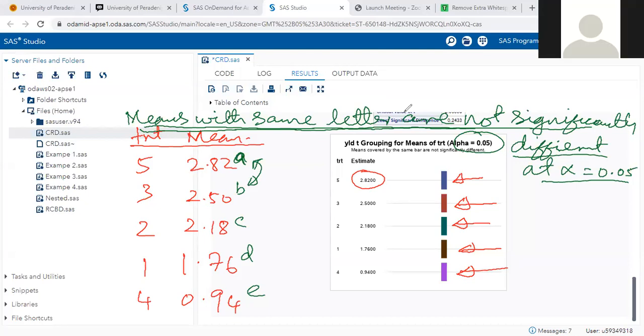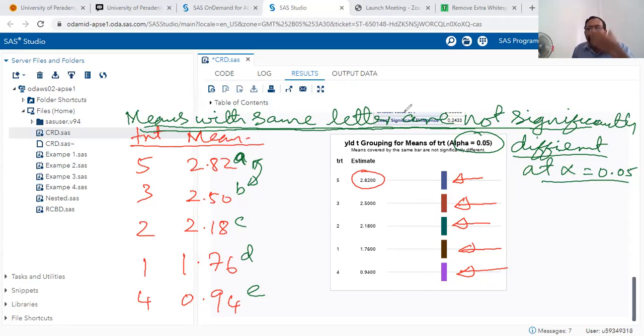Yes, because treatment 5 is A, treatment 3 is B. So there's a difference. This is how we can give the letters. Like you are getting your grades for each subject. So likewise, we are giving kind of grading.